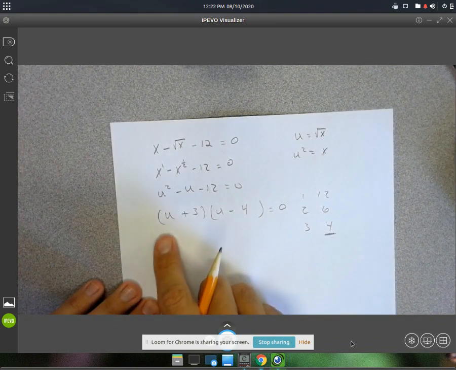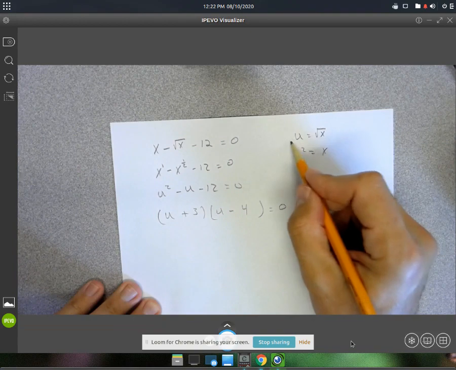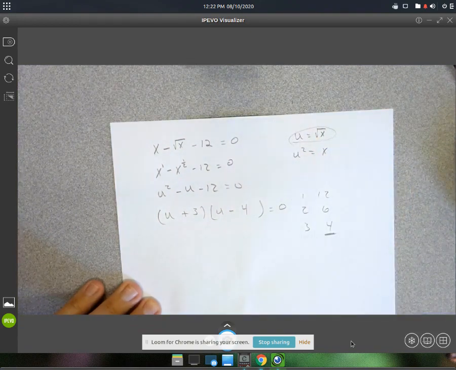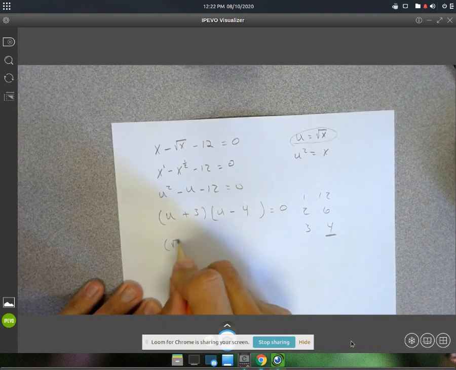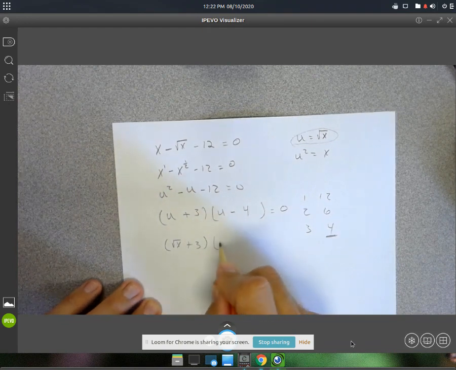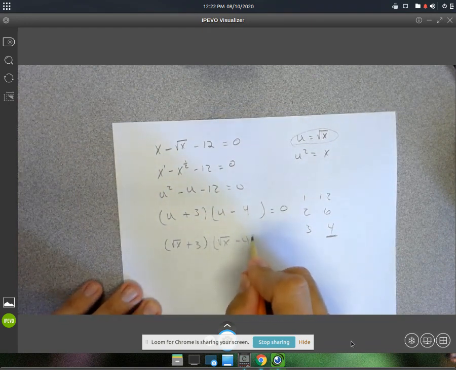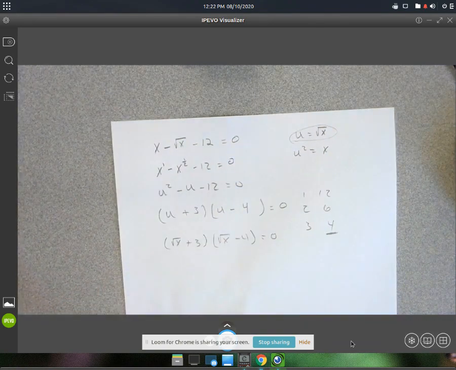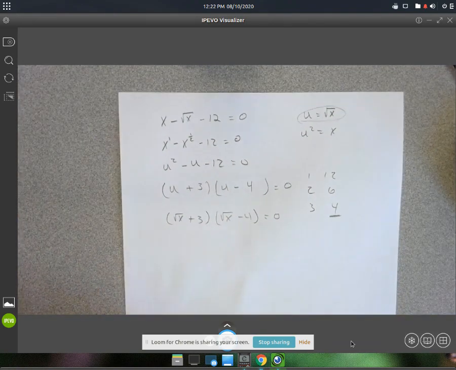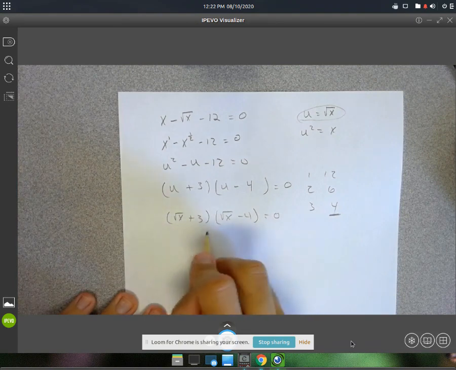All right, let's go ahead and substitute back the square root of x for the u. So we'll have square root of x plus 3 and square root of x minus 4, both equal 0. Let's set those factors equal to 0.